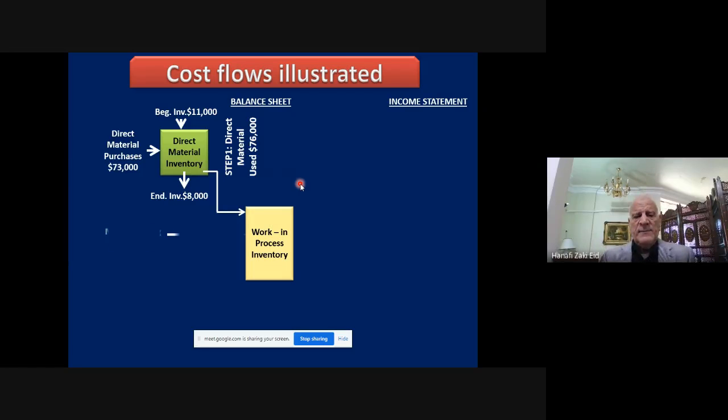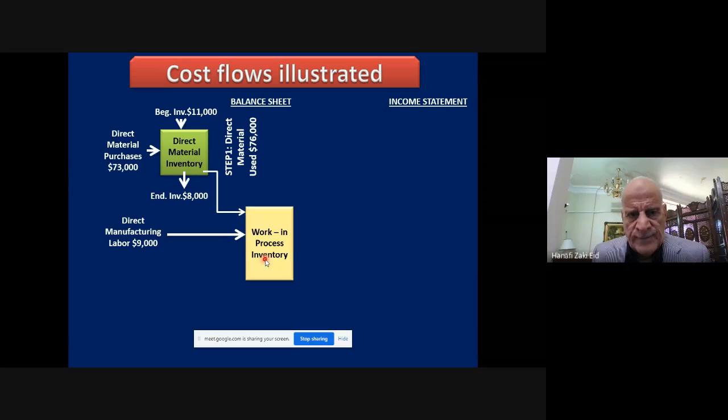The second item is direct manufacturing labor. We assume that it amounted to $9,000. This sum is allocated to the work in process inventory.